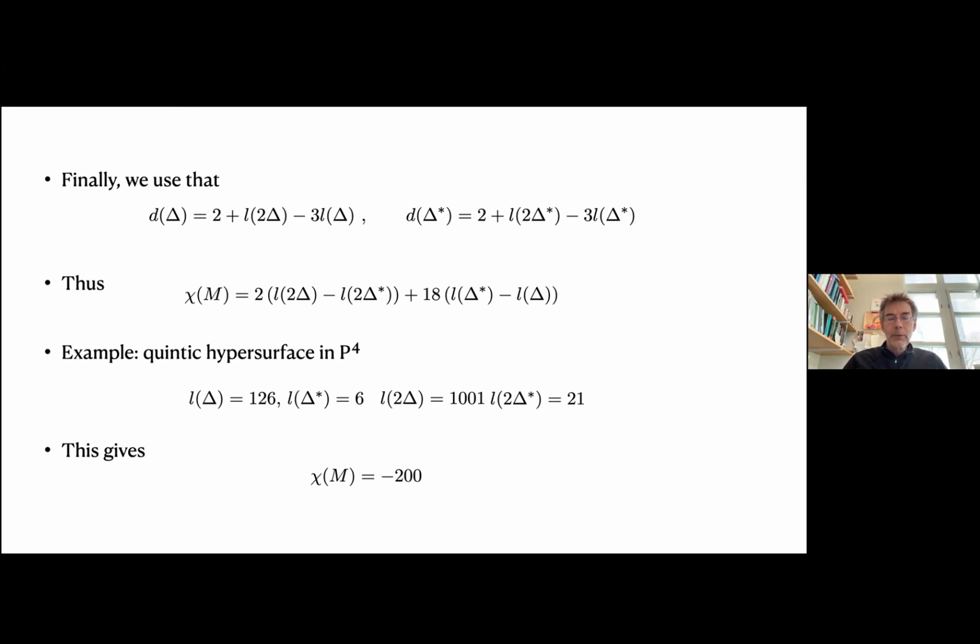Then you have to do a little bit of work to get the scaled up versions, so 1001 and 21, respectively. You plug this into the formula, and lo and behold, you get that the Euler number is minus 200. The last line is of course very well known, but I'd never thought of being able to compute this in this fashion.